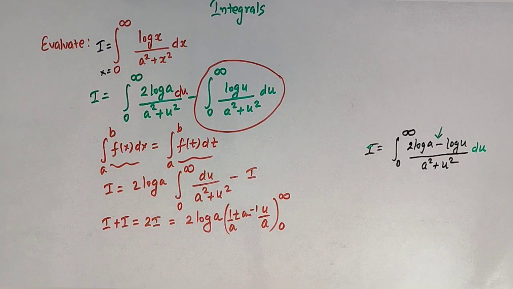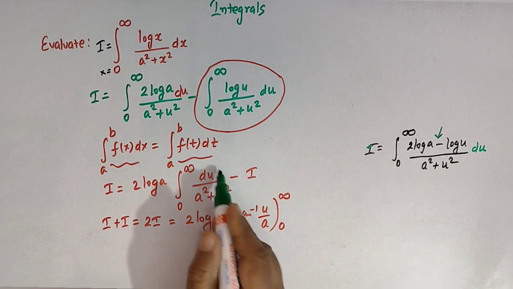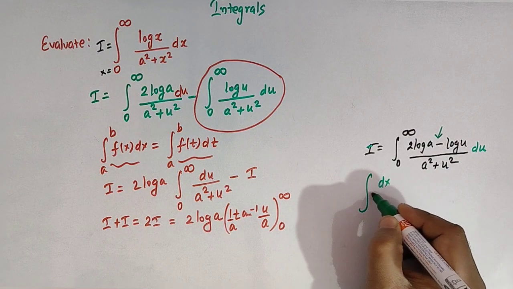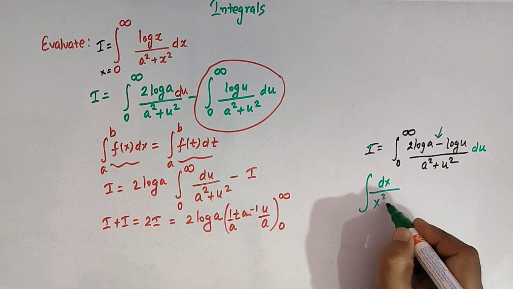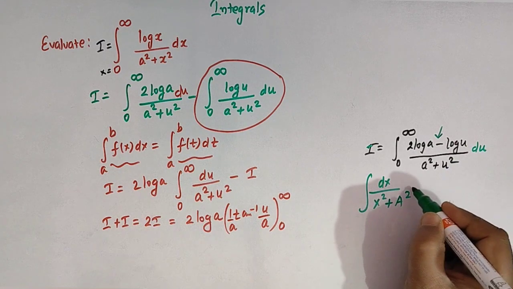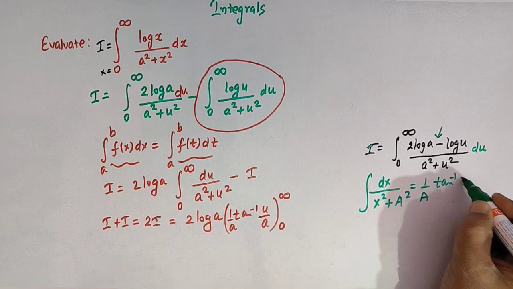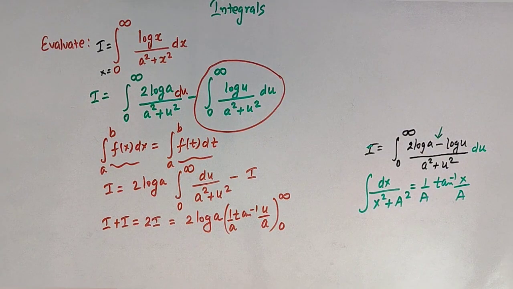Here we have used a standard result from integration, that is, the integral of 1 over x square plus a square is 1 over a tan inverse x over a, right?